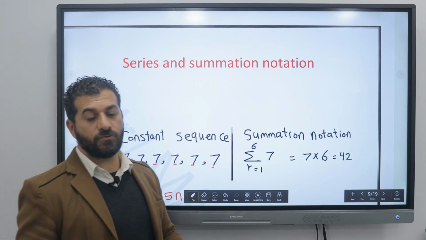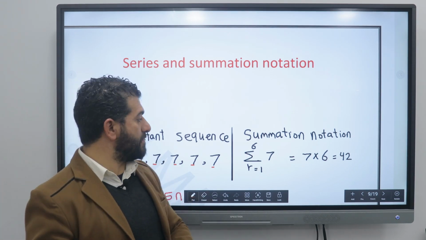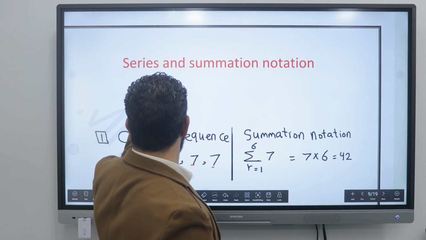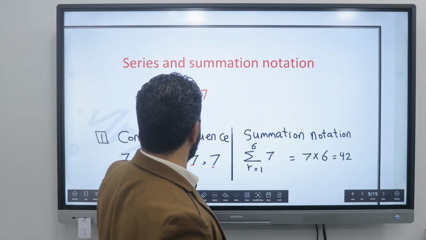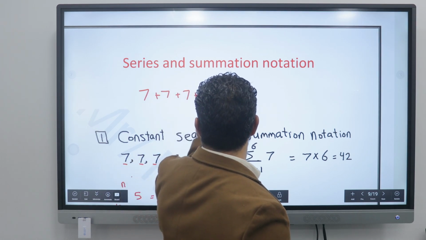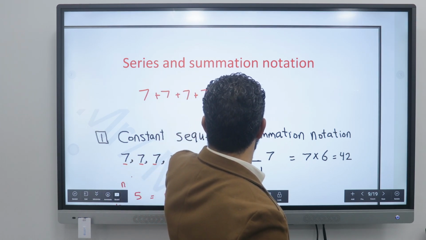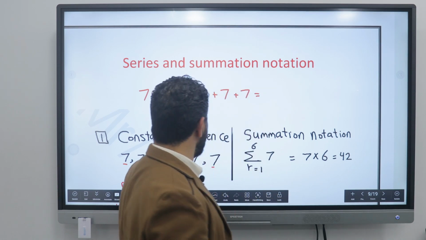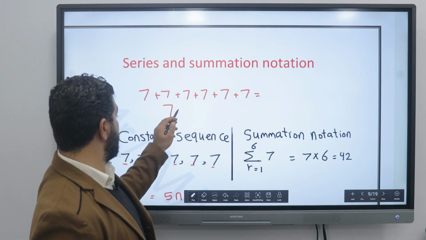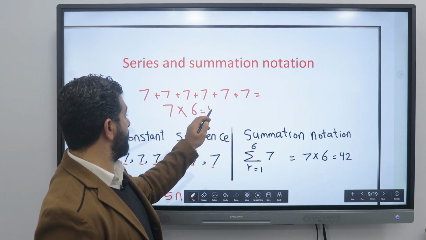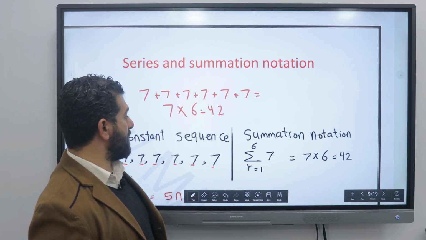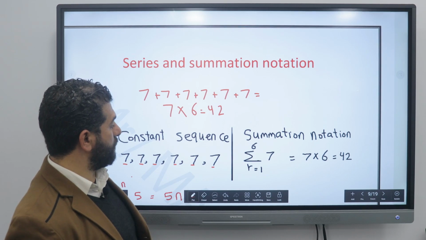If I ask you to add all these terms, 7 plus 7 plus 7 plus 7 plus 7 plus 7, we can instead multiply 7 times 6, which is 42. What is the summation notation for this sequence?